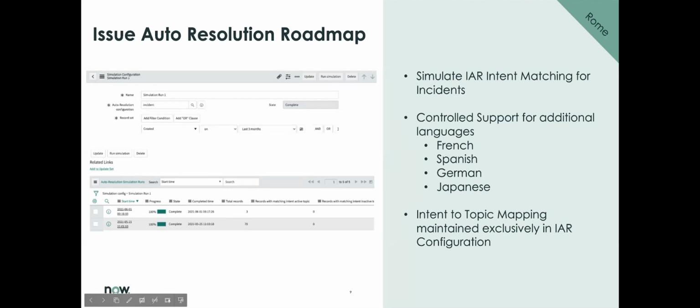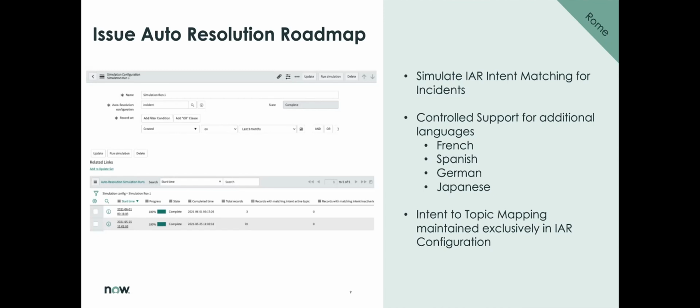So you can say, I want to run this intent matching against, let's say, last month's data or two months, whatever you specify, to see how many of them we found intents for and how many had intents that matched to a topic. This gives you a way to test how many of these incidents you could possibly deflect based on your current data. So simulation is a really nice way of testing out the feature before actually implementing it in your production.